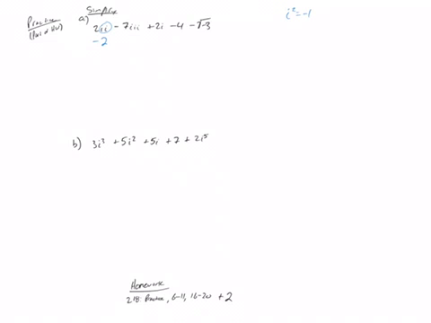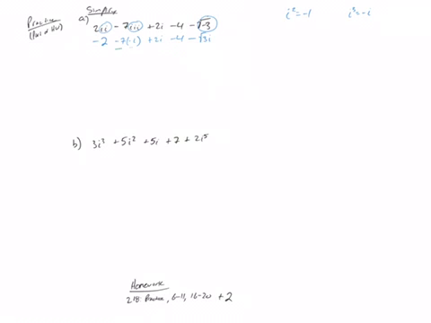Also remember, i cubed is equal to -i. Right here I have 3 of those, so this is going to be -7 times a -i, and then plus 2i, minus 4, minus, this piece right here is going to be the square root of 3i.